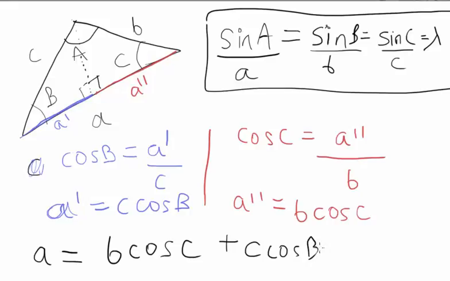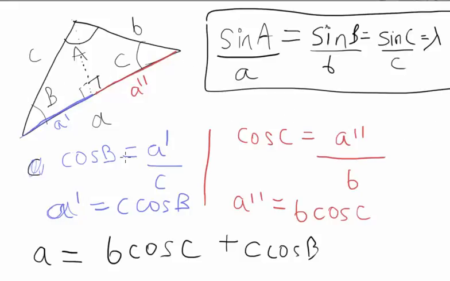Now this is interesting because we just expressed one of the sides of a triangle in terms of the other two sides. And if you notice why this is called the projection formula, it's because we essentially projected this line segment B on A and we projected the line segment C on A, and A is nothing but the sum of these two projections, which also makes sense visually.